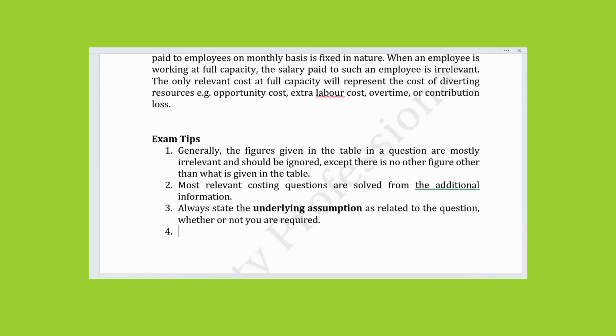Next, disposal value. Disposal value should always be treated as a saving.